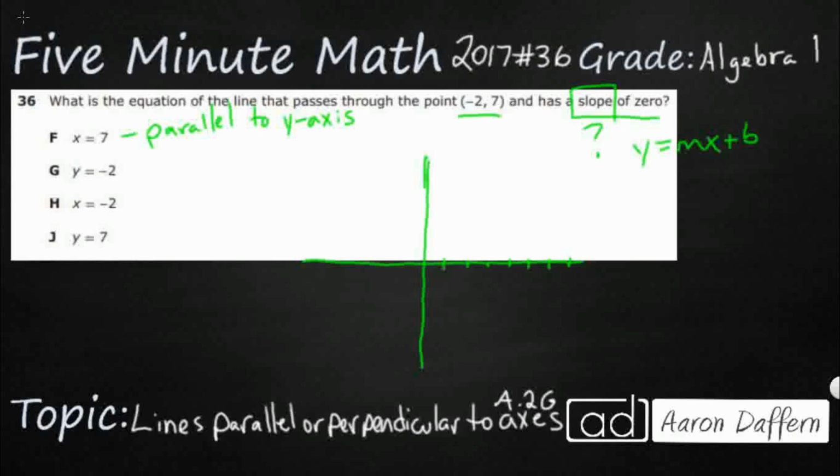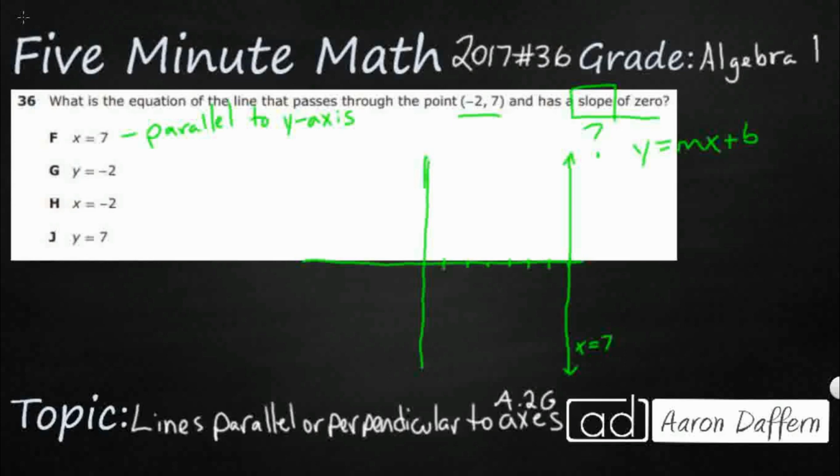So when I'm looking at x equals 7, I know it's parallel to the y-axis because no matter what I do with my line right here, the x is going to be 7. It doesn't tell me what the y is, but it tells me that the x is going to equal 7. So it's a straight line that's completely vertical, goes up or down.